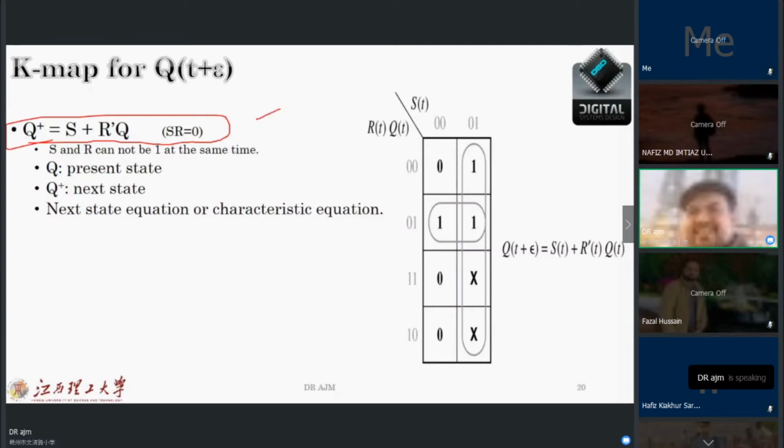Then the second thing that you should remember is this: the Q plus of the SR latch is S plus R bar Q, which comes from this K map. We call Q plus the next state, and Q the present state. And S and R, we know, cannot be one at the same time. We analyzed that. And the next state equation is something that we show at the top.